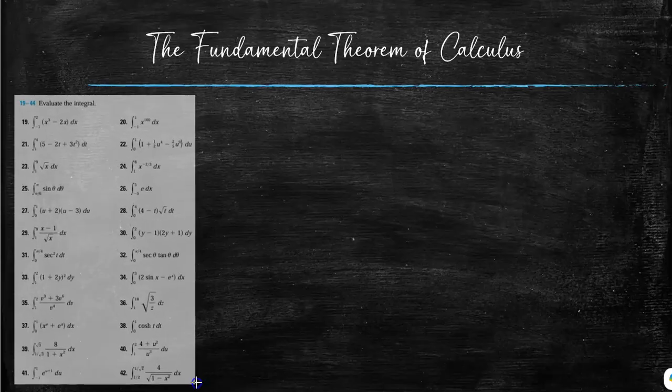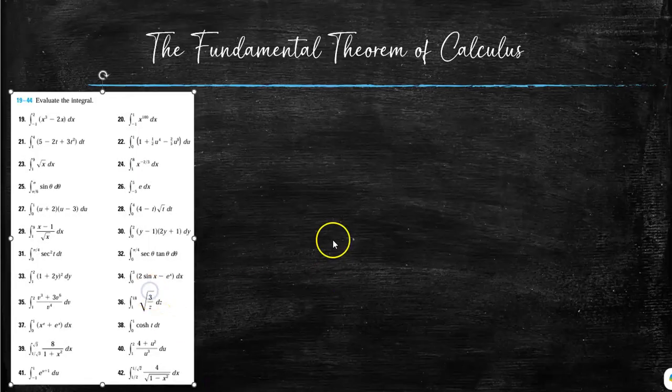Let's pick a couple problems and solve them together. Let's do maybe 28. So in 28 we have the integral from 0 to 4 of (4 minus t) times square root of t dt.